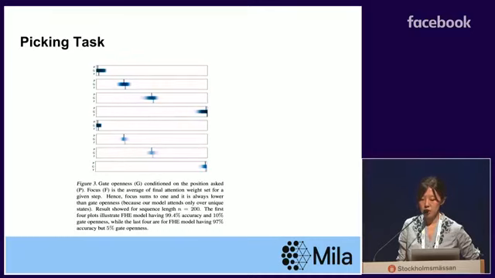Here is a visualization of how the gates and the attention behave for the picking task. On the top, the P indicates the position of the index K that's being asked. G is the soft probability of the gate being opened, and F is the final attention weight, which is the attention weight times the gate openness.